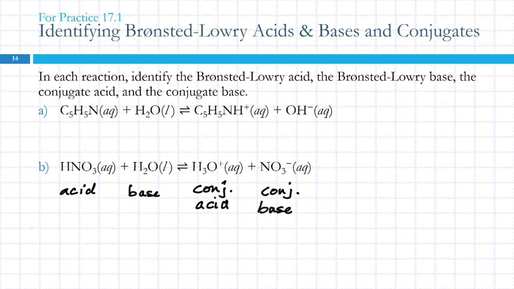So that tells me that this is the base because it's accepting a hydrogen ion, and it becomes the conjugate acid. H2O can go either way. Here, what's happening is it's donating the proton, and it's left as OH-. So this was the acid, and this is the conjugate base. Any questions?